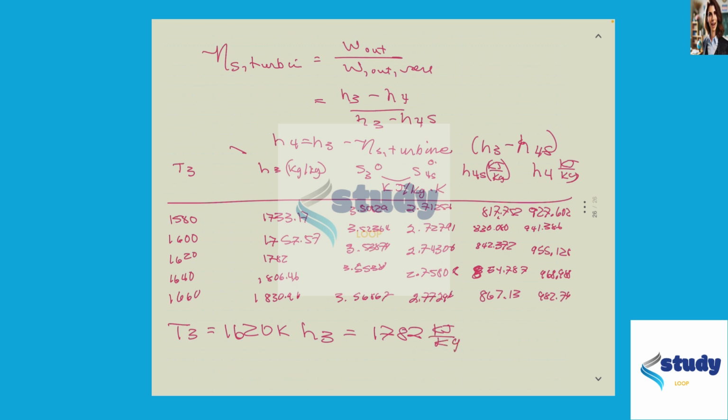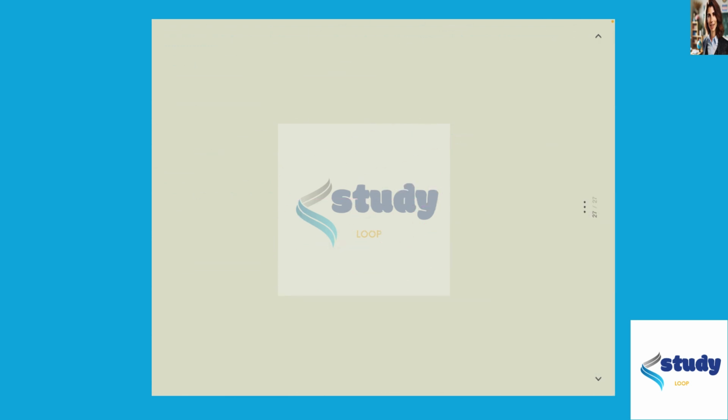And then we can find all of the asked for values. A, the net power output.